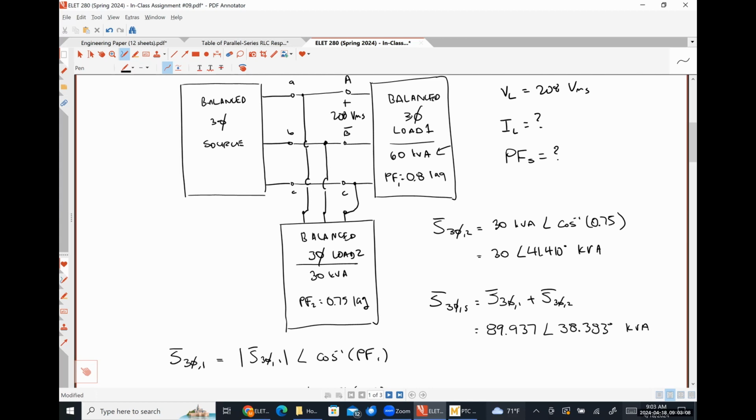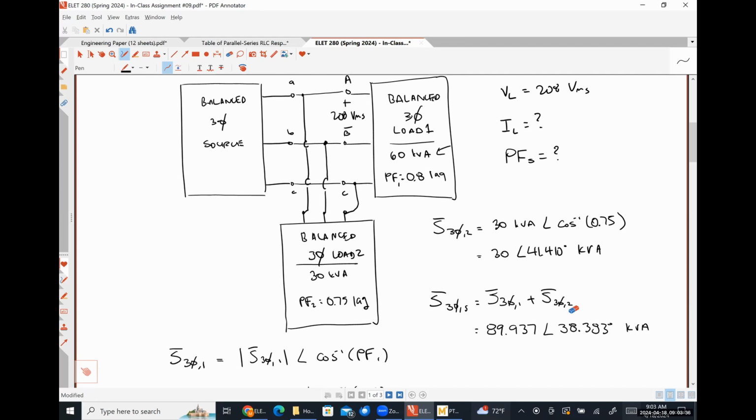Right here is an S for source. This one is S three phase comma 1 for load 1. This is S three phase comma 2 for load 2. So I'm sorry for my terrible penmanship.